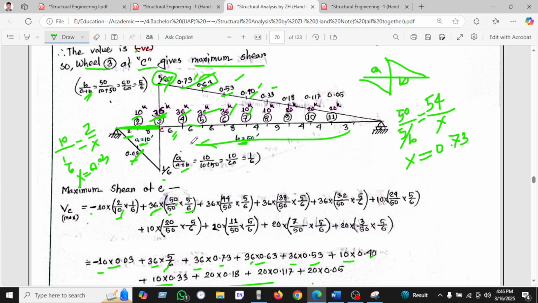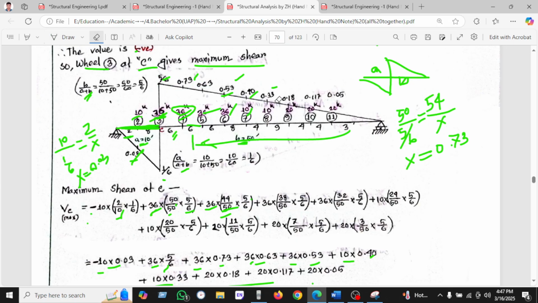And another we can see here, for 36 is here, and 44, the distance from the left side is 44 divided by 50. 50 is the total distance on the left side, right side, and 5 by 6 we have found here. 5 by 6, we have already found this value. That's why we will calculate.